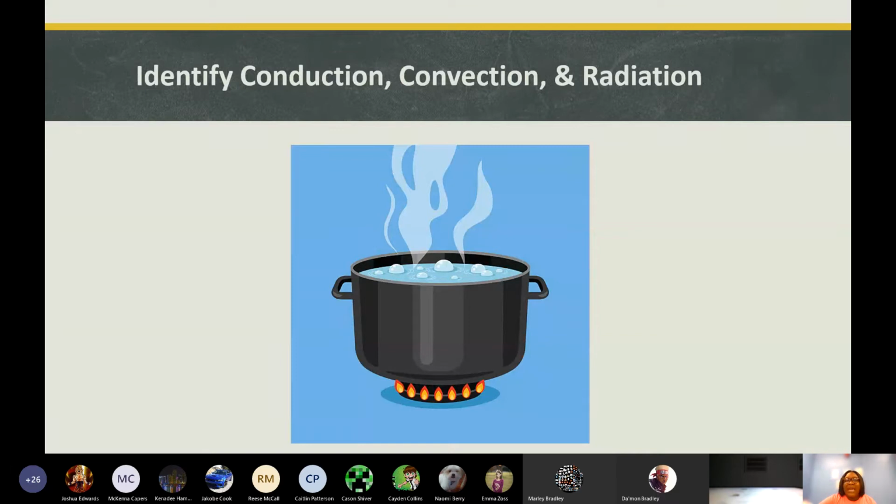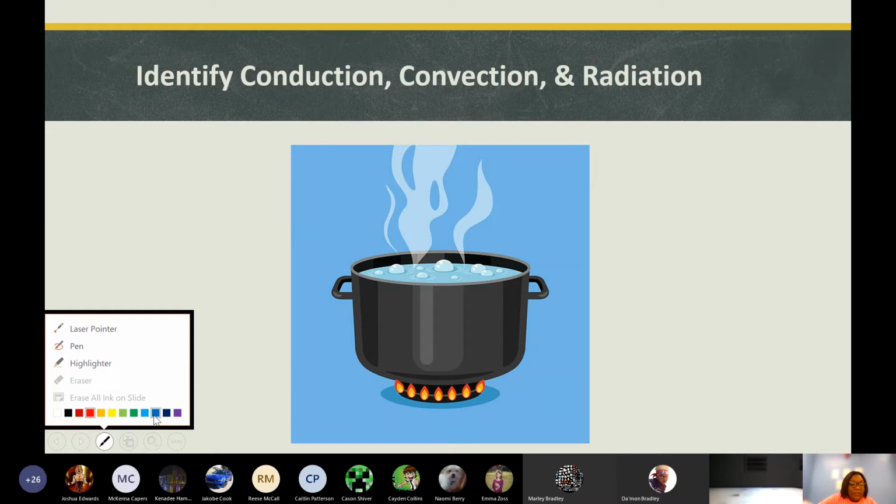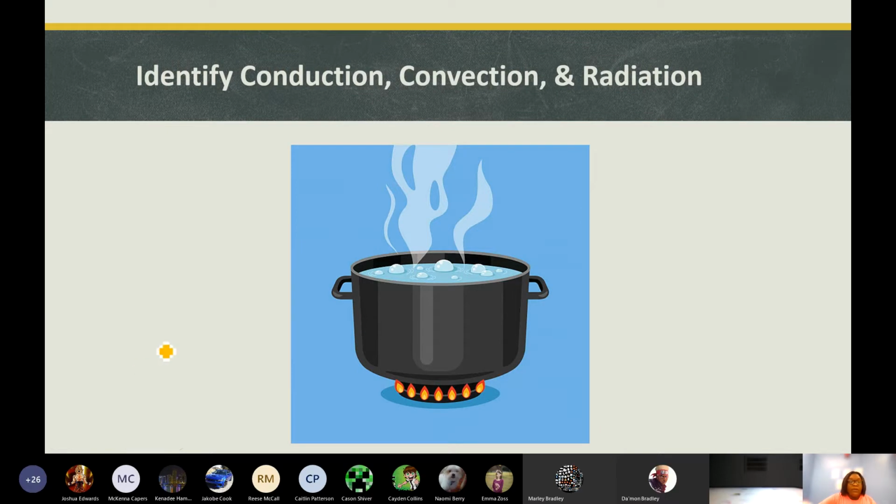So as we're working today, we're going to label where conduction, convection, and radiation are occurring in this pot. And for this, I'm going to use some colors. Okay, the first color I'm going to use is orange. You can use orange along with me.